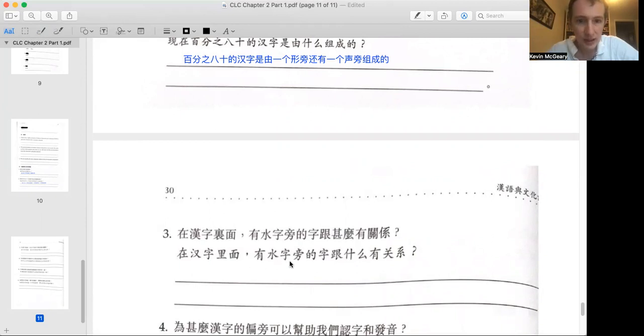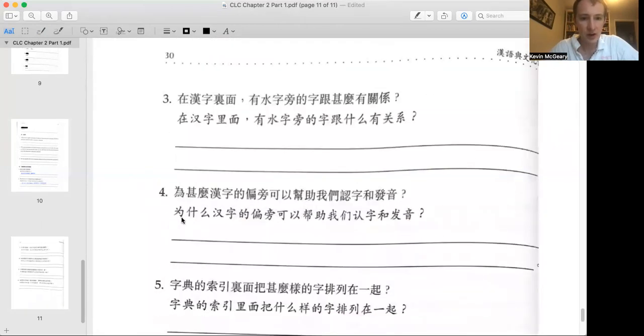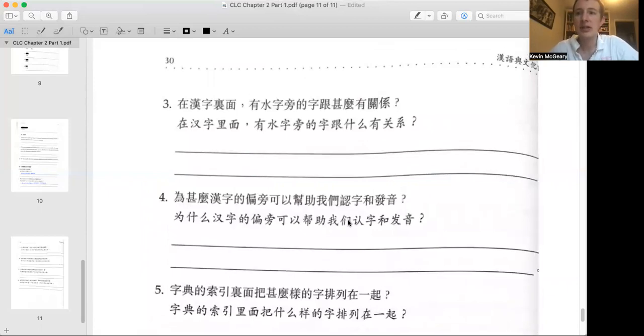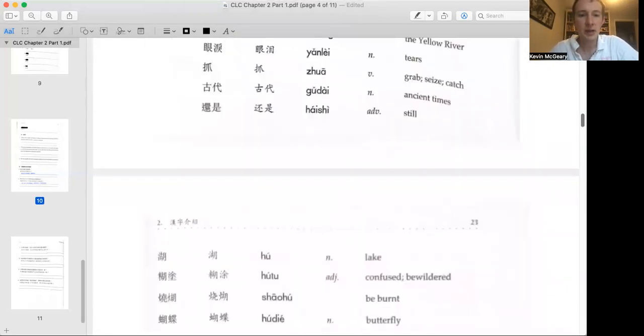So in Chinese characters, the characters with the water radical are related to what? Question 4. 为什么汉字的偏旁可以帮助我们认字和发音? And why can Chinese character radicals help us guess the meaning and the pronunciation?